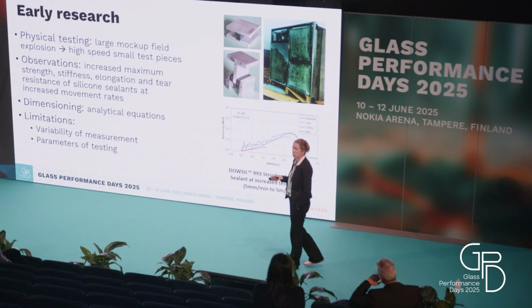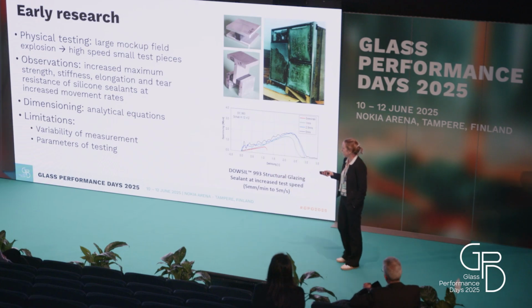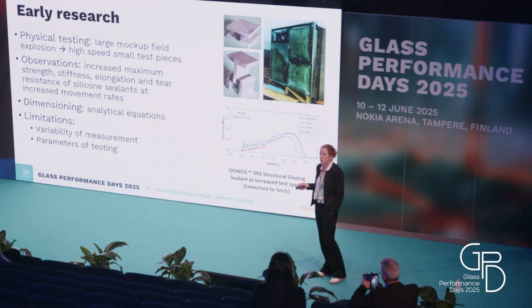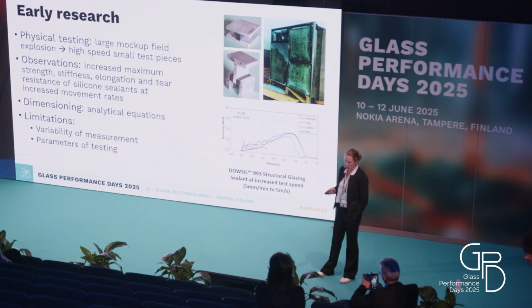But this obviously comes with some limitations. There's variability related to the measurement. As soon as you start to increase your speed, you can have quite some challenges with your equipment, and with the quantity of parameters you can vary in your testing.